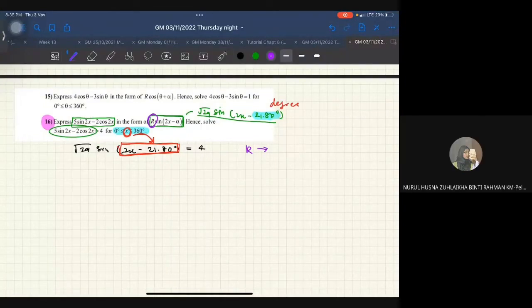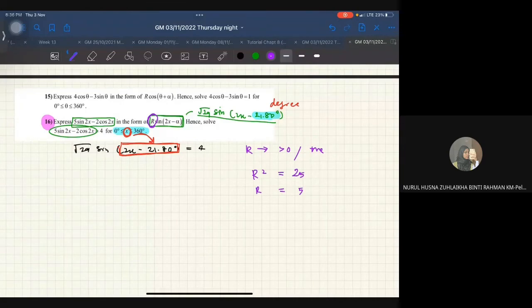So dia mesti greater than 0 ataupun dia mesti positive. It must be greater than 0 or positive value lah. Okay, so bila awak cari tu, awak akan dapat dua nilai. So let's say you have R square is equals to 25. Okay, so normally kita akan buat plus minus 5. Okay, but in this case, you already know that R is gonna be a positive number. So terus je settlekan dapat R sama dengan 5.